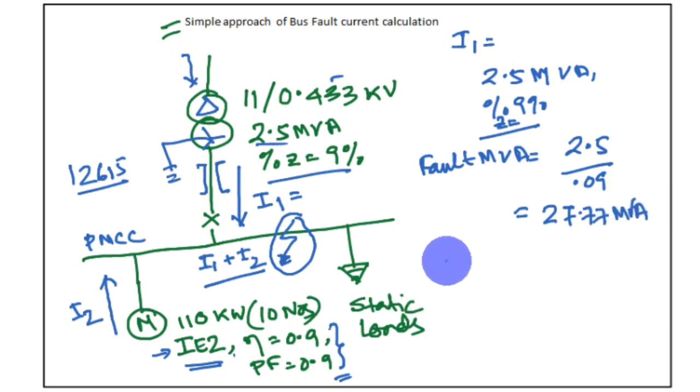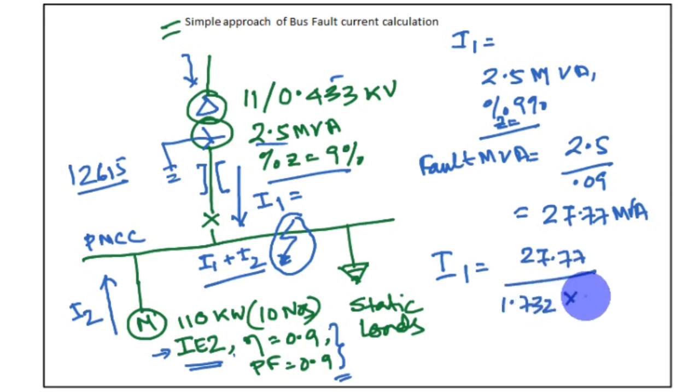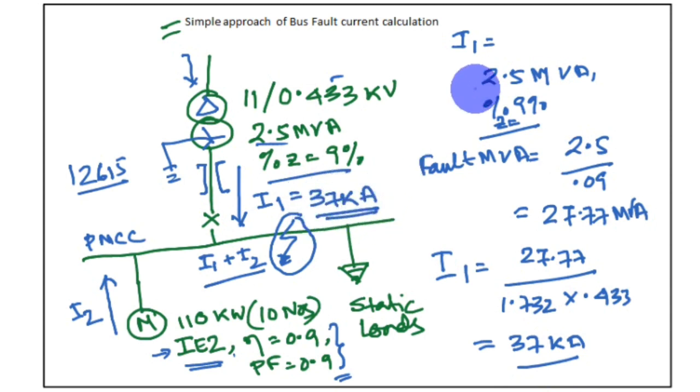So our fault current I1 will be 27.77 by 1.732 into 0.433, which is around 37 kiloampere. So the transformer contribution will be approximately 37 kiloampere.